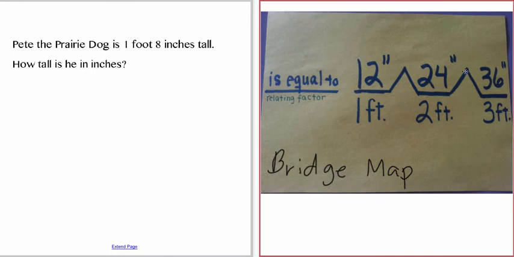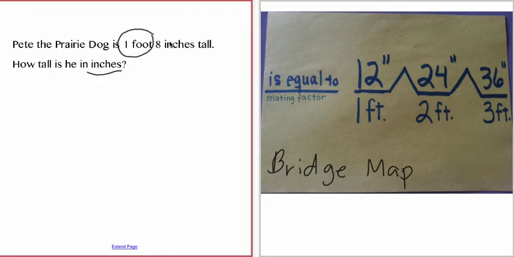And this is important information to know because in our question, we are trying to find how tall Pete the prairie dog is in inches. And we have his height in feet and inches. So we actually have to convert feet, or the 1 foot, to inches so we can solve this problem. We're going to use our thinking map to help us here.